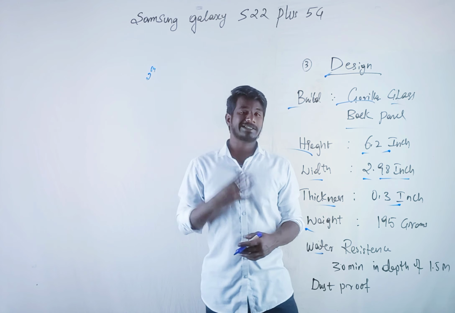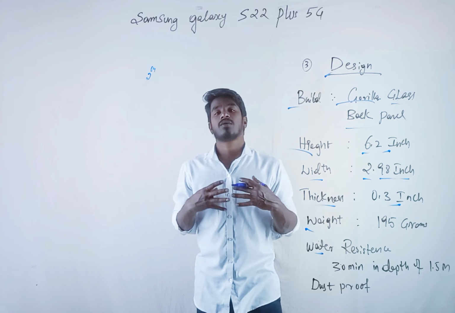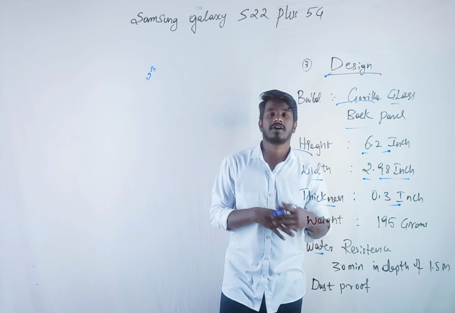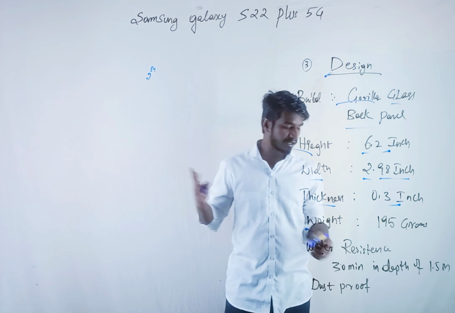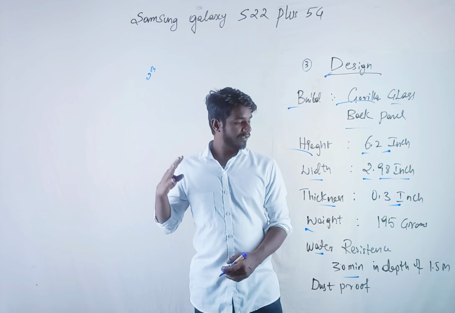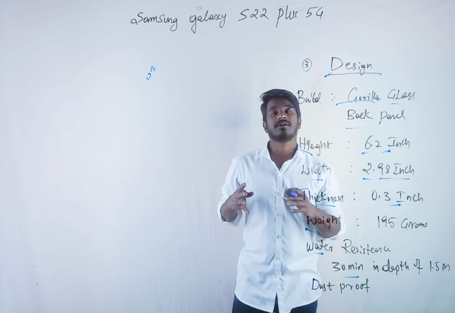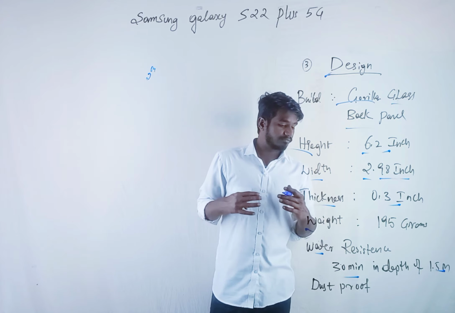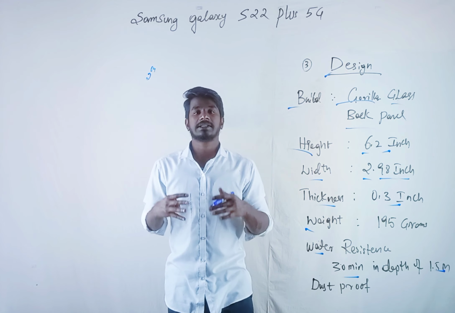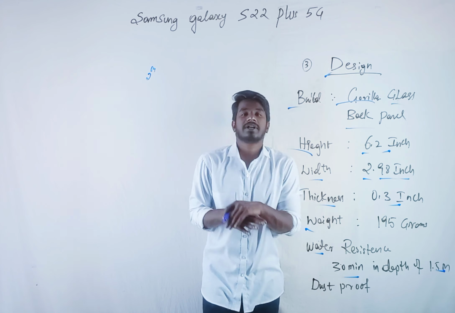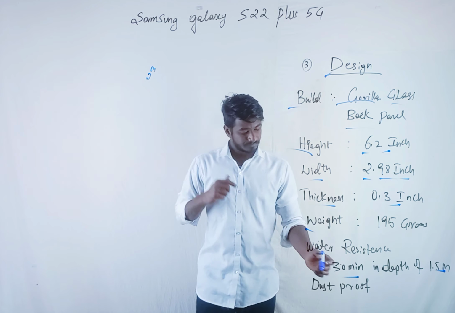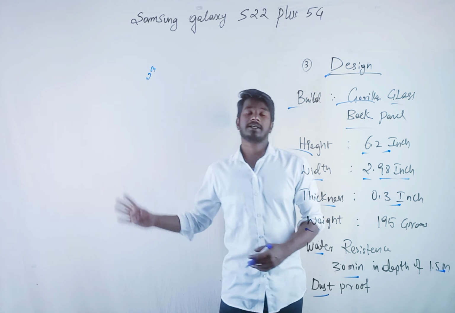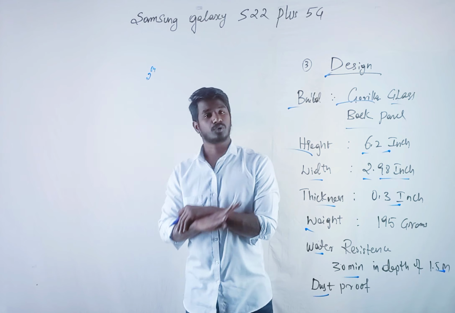Fine. Water resistance: the phone is water resistant. Nowadays every phone comes with water resistance, but this one is rated for 30 minutes at a depth of 1.5 meters. If you leave the mobile 30 minutes in the water, nothing will happen to it, right? Dust proof, and it is also dust proof.